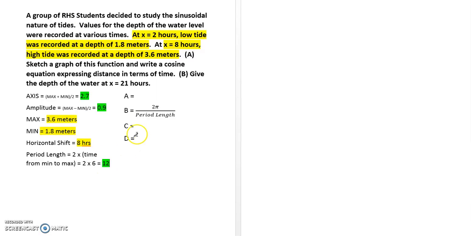Now we can find our A, B, C, and D. A is our amplitude, so that's 0.9. C is our horizontal shift, so that is 8. D is our axis, which is 2.7. And then we can find B by taking 2 pi divided by our period.